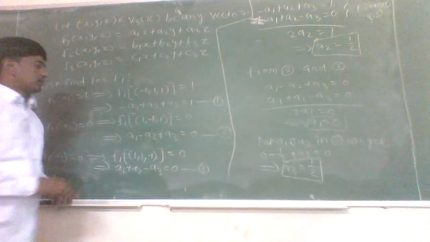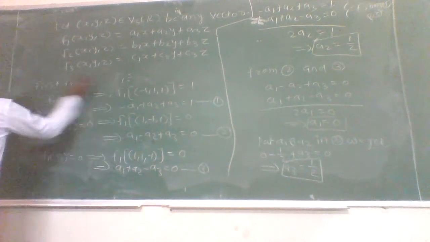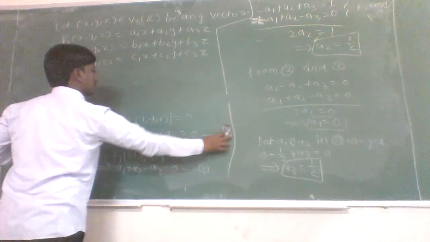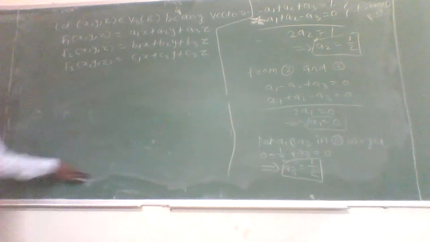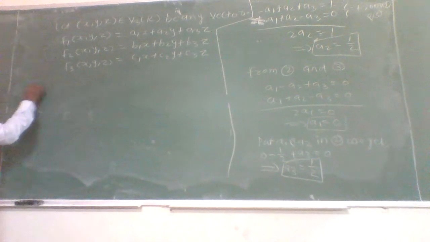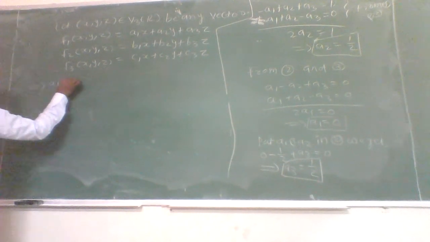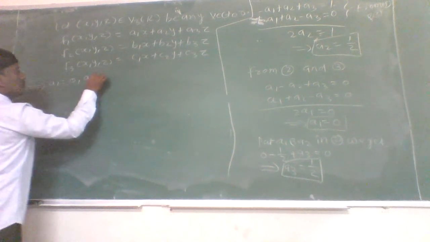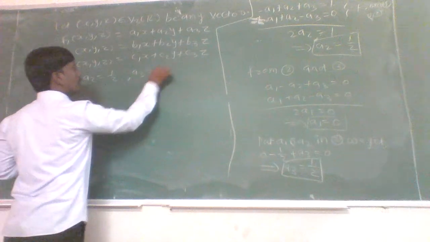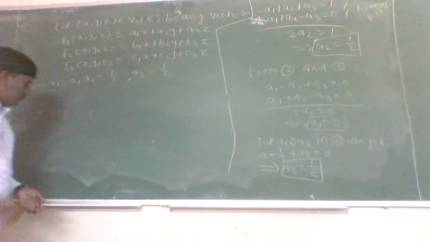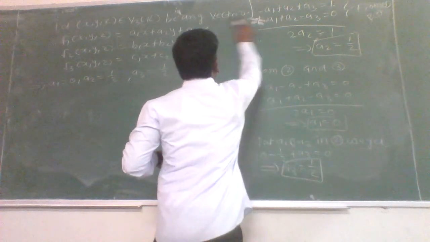So here we get A1, A2, A3. Now, so A1 is equal to 0, A2 equal to 1 by 2 and A3 is equal to 1 by 2. Now we have to find out the values of B1, B2 and B3 and C1, C2 and C3.